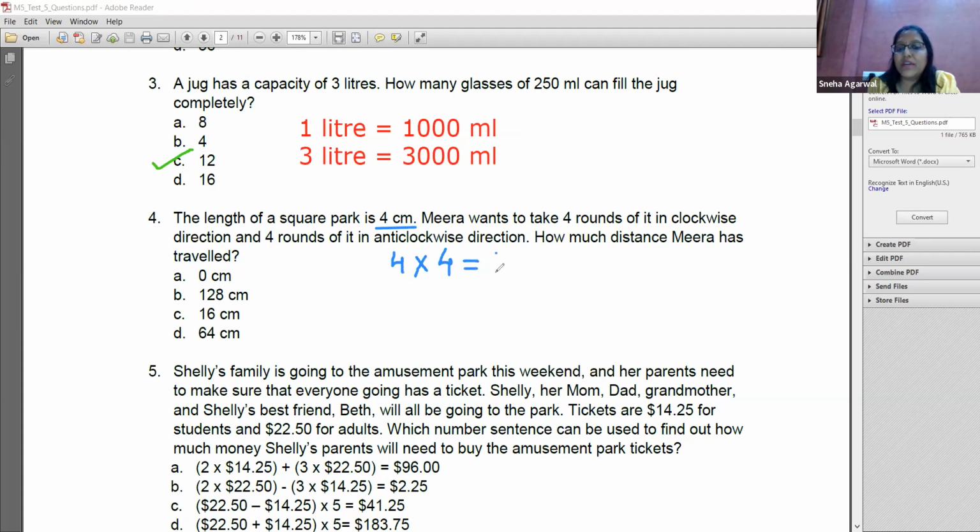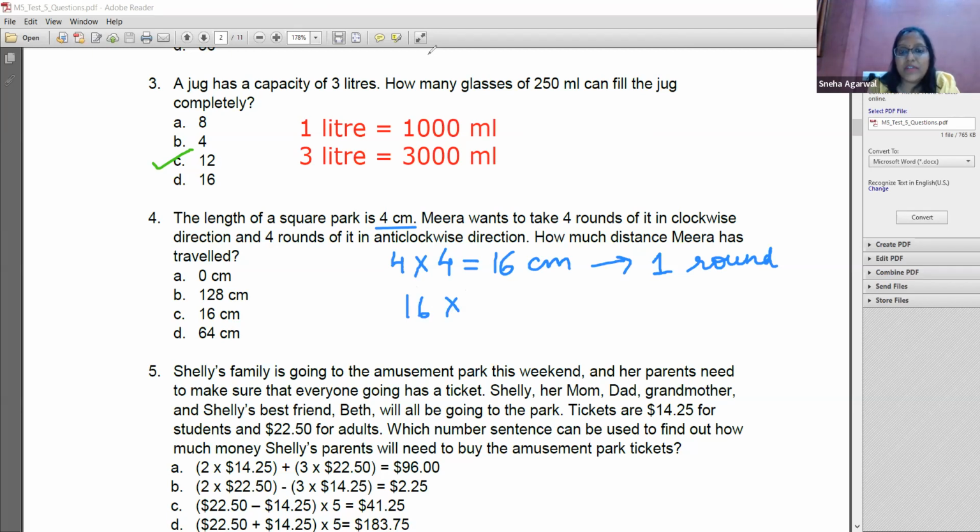So distance covered in 8 rounds. Come on, find out, guys. 16 centimeter, this is the distance covered in 1 round. So you have to find out for 8 such rounds. So 16 into 8, what will be the value? Many of you have given me the answer.